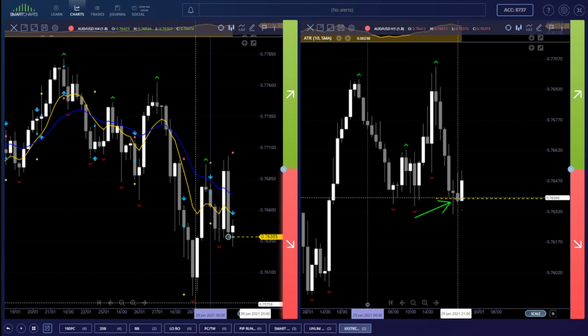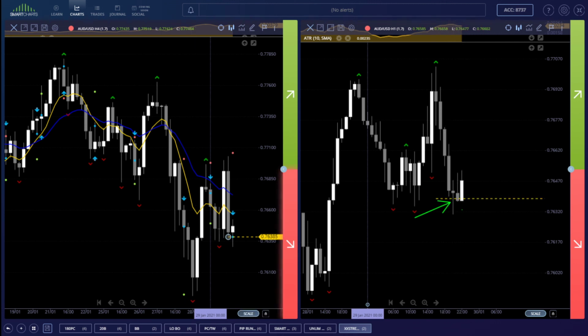It's closed 1 pip below, so that's not really significant. It still closed below, though. But look at these little rejection wicks as well. Anyway, that's more price action reading. It closed below, so if you wanted to take it, you could have, if you were being super strict.